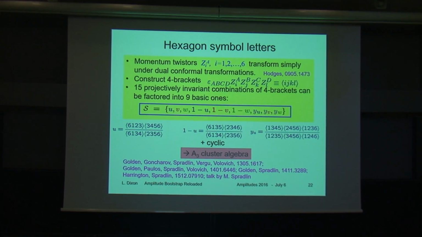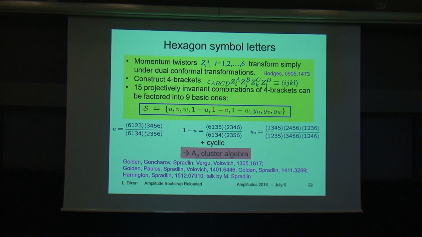In the hexagon case, without going through all the details, when you use the momentum twistors as described by Mark, for example, they transform simply under the dual conformal transformations, but they're not projectively invariant. We can build 4 brackets and then find projectively invariant combinations. And it turns out that the letters, due to the A3 cluster algebra, are simple ratios of these 4 brackets.